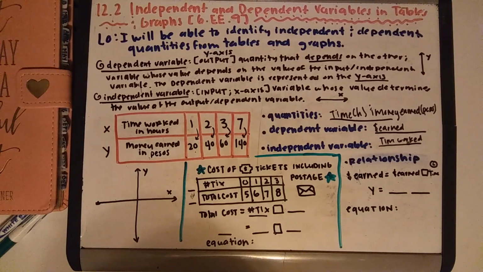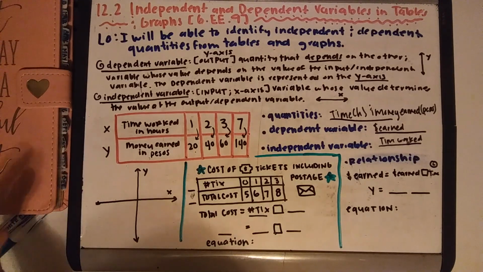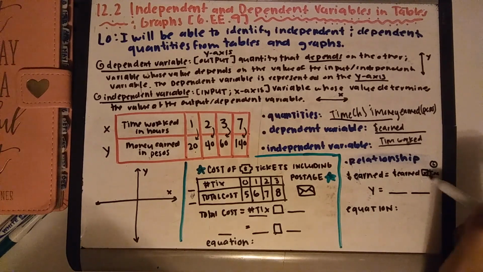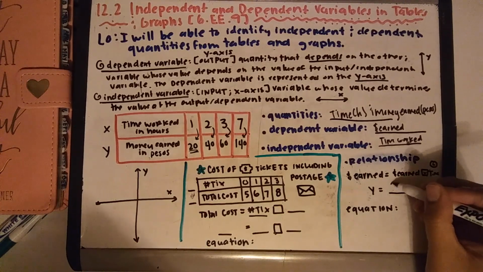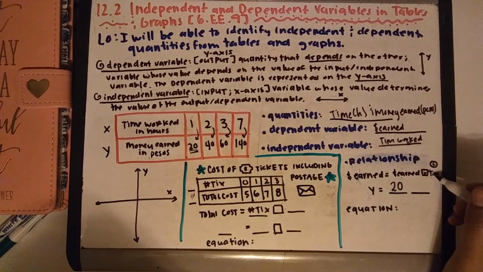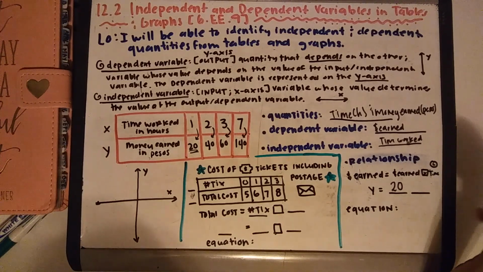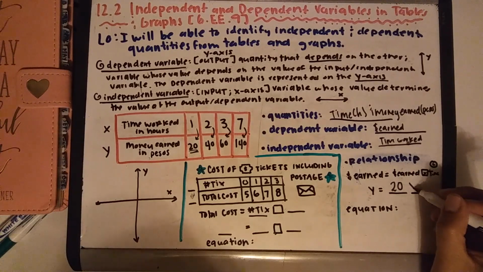So the money that I earn is my y. Okay, and that's going to be equal to how much money I earn per hour. So how much money am I earning per hour? 20 pesos. And then how am I measuring time? With hours. So my hours, measuring x, gives 20x.